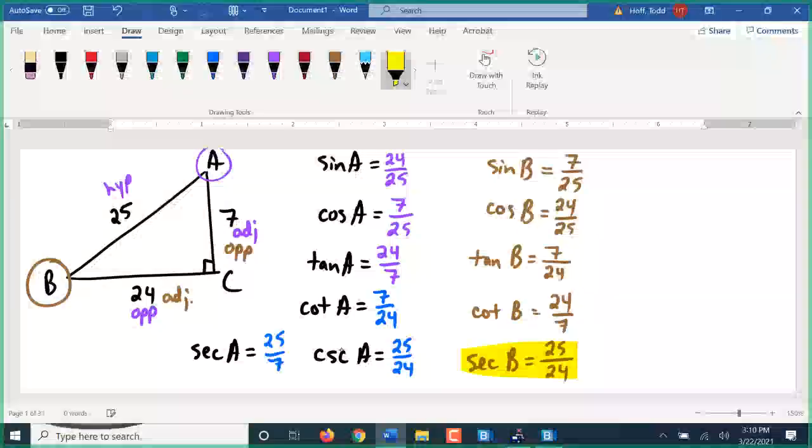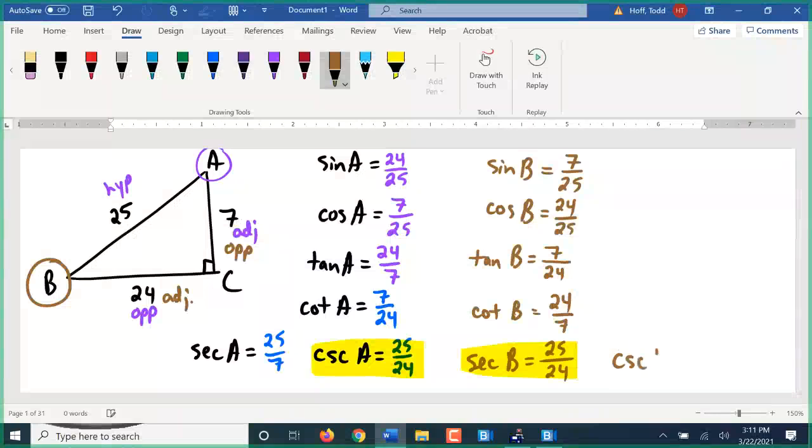The secant of B has to equal the cosecant of A. The secant of one is the cosecant of the other, right? And the cosecant of B, 25 over 7. And the cosecant of one equals the secant of the other.